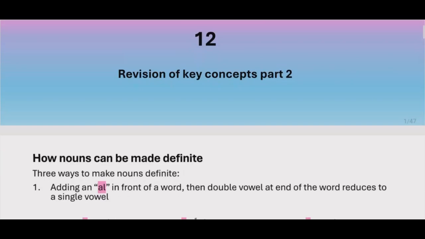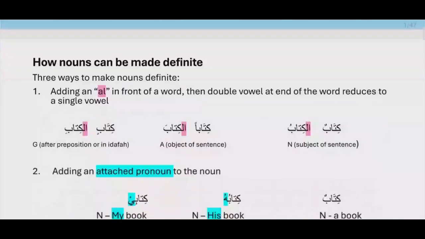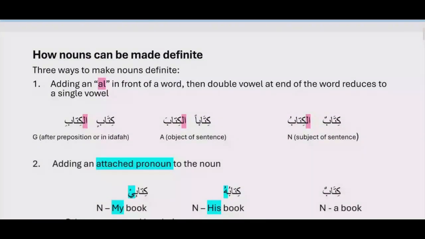So today we continue with another concept that relates to nouns and adjectives, and that is how these words can be made definite. Now, there are three ways to make nouns or adjectives definite. The one way would be by adding an al in front of the word.